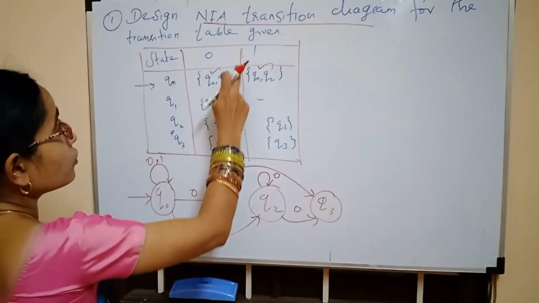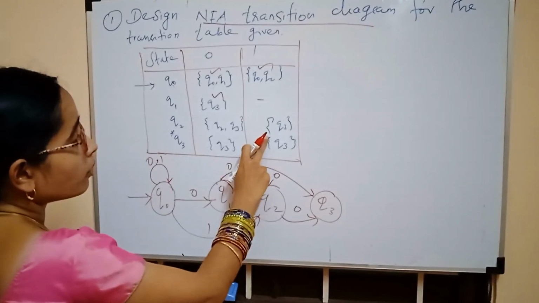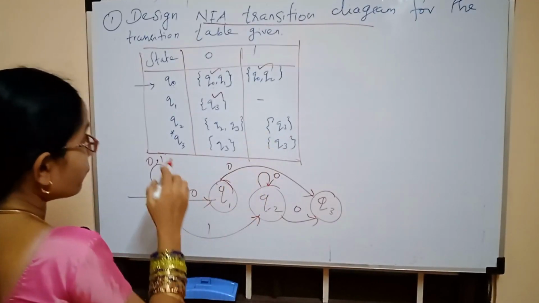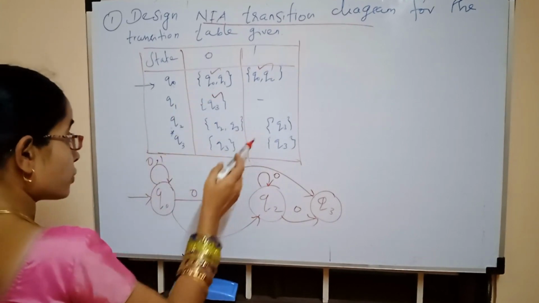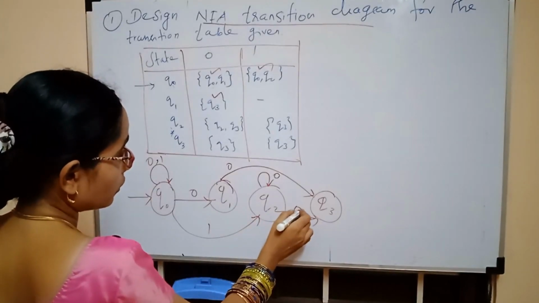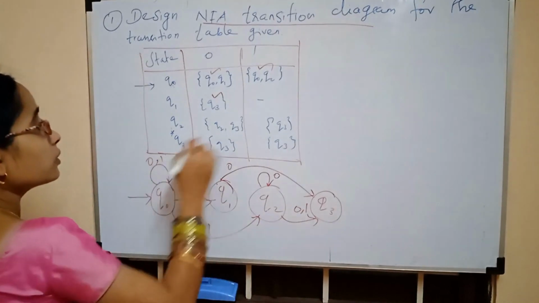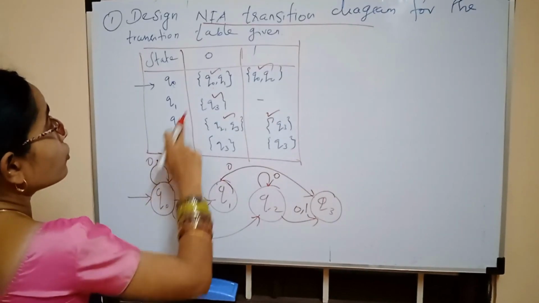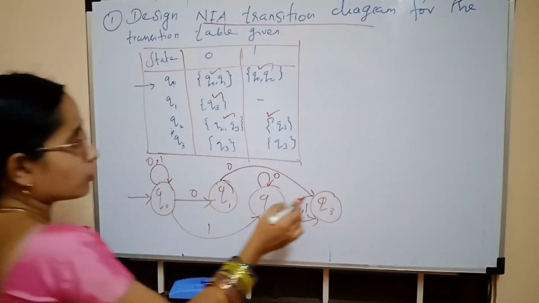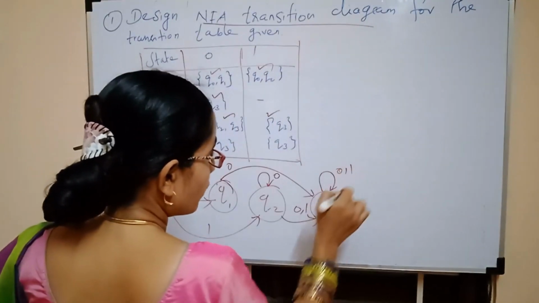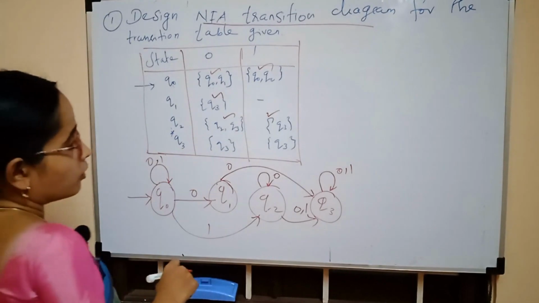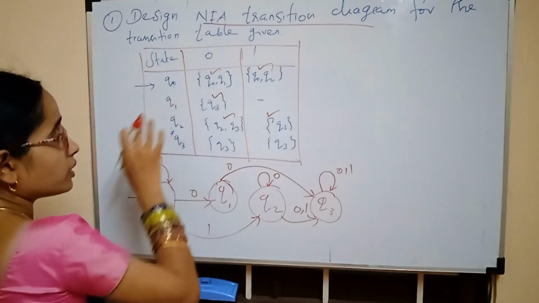Then delta of Q2 comma 1 is Q3, so on symbol 1 it goes to Q3. Now Q3 comma 0 is a self state, and Q3 comma 1 is again a self state, so I will make this as 0 comma 1. This is the diagram from the given table.